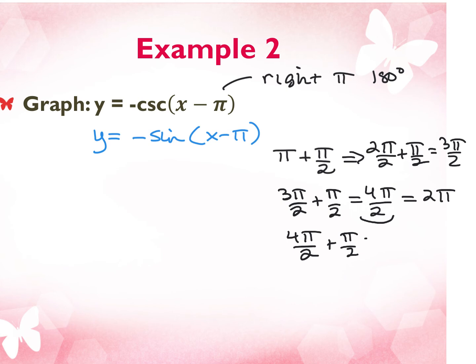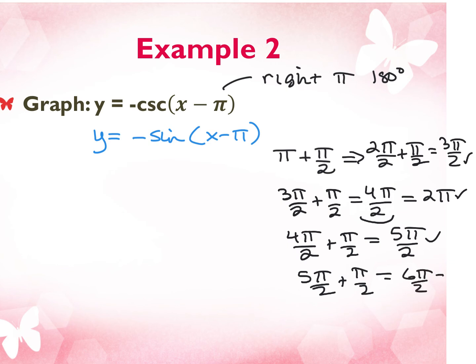So I don't have to find a common denominator. And now I have 5 pi over 2. So far I found 1, 2, 3. I need to get one more point that's to the right of my starting point. So 5 pi over 2 plus pi over 2 gives me 6 pi over 2, which reduces to 3 pi.